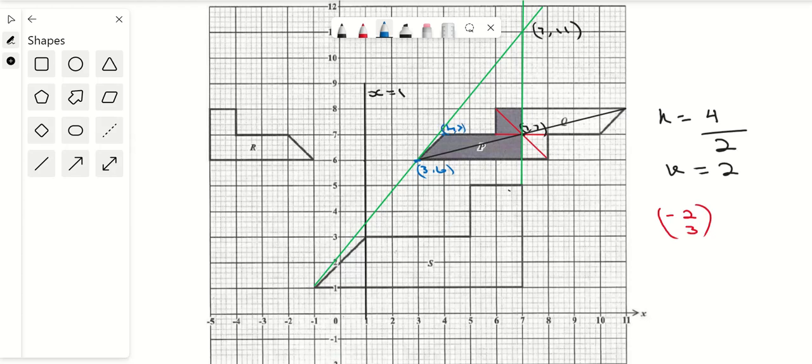This one right here is 6, 7. This one is 7, 6. This one is 7, 8. And this one right here is 6, 8.